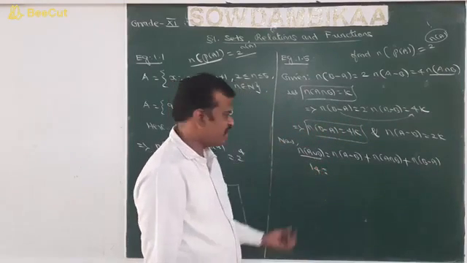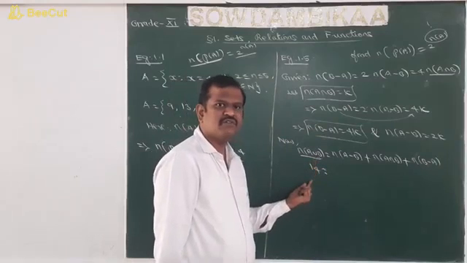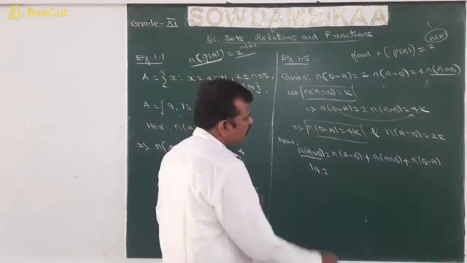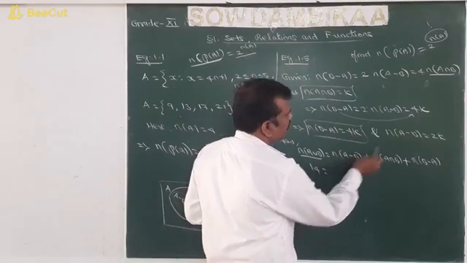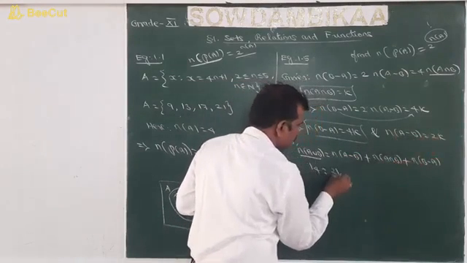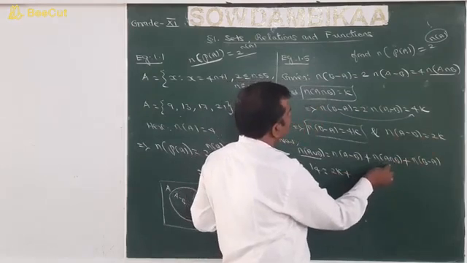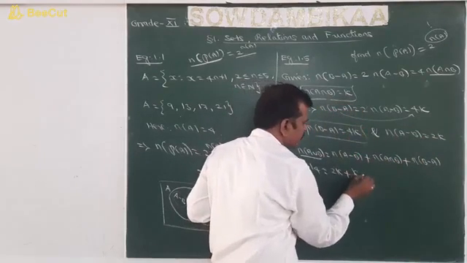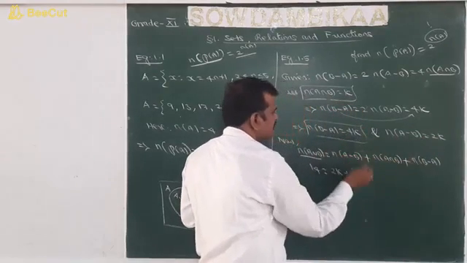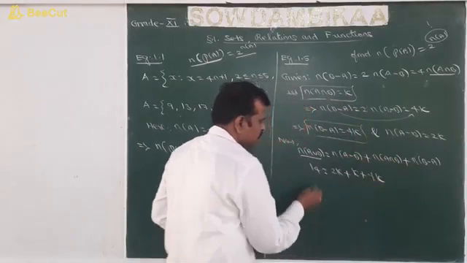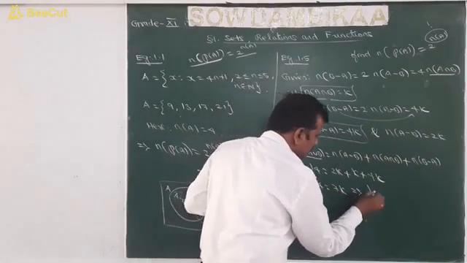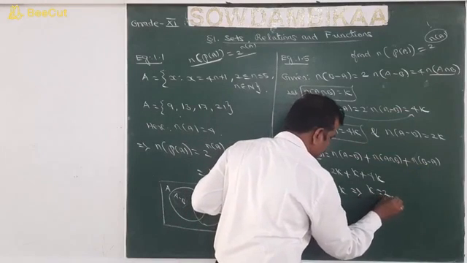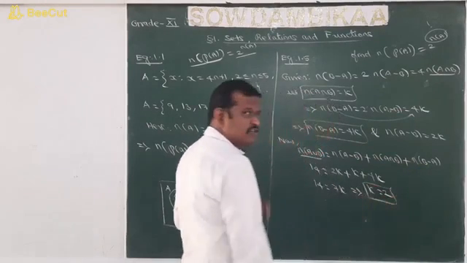Now what is n of A difference B? n of A difference B is 2k. n of A intersection B is k. n of B difference A is nothing but 4k. Is it clear? So 14 is equal to 7k, which implies k is equal to 2. So we got k is equal to 2.